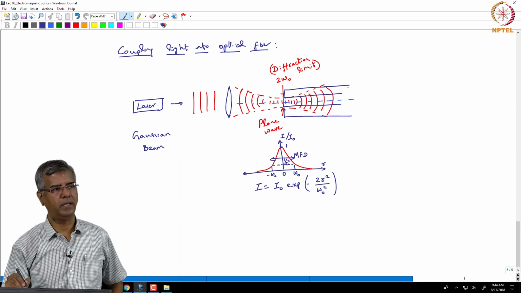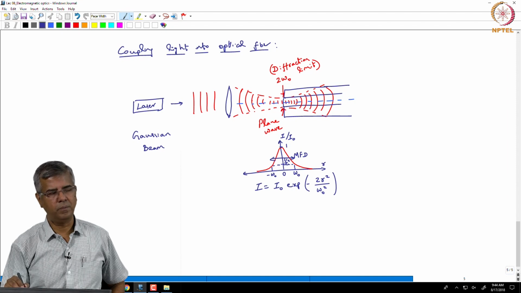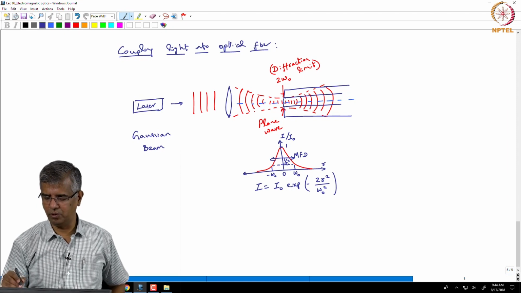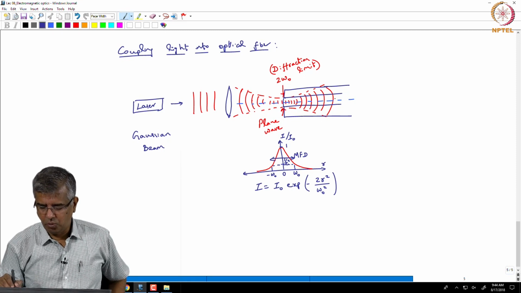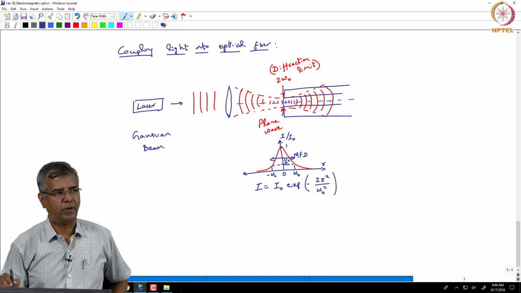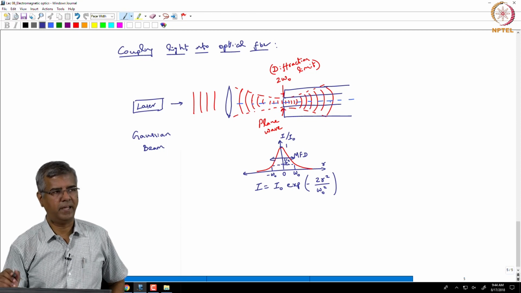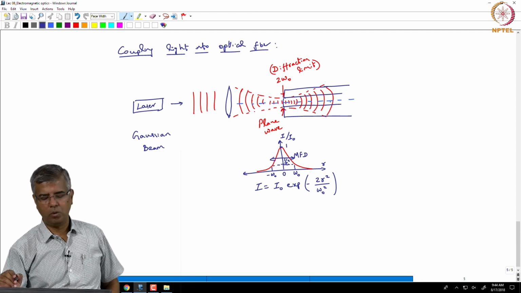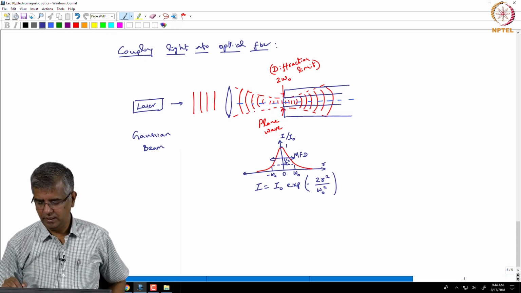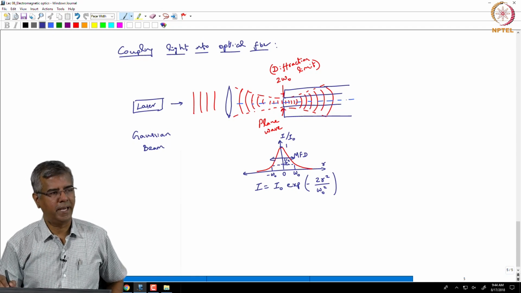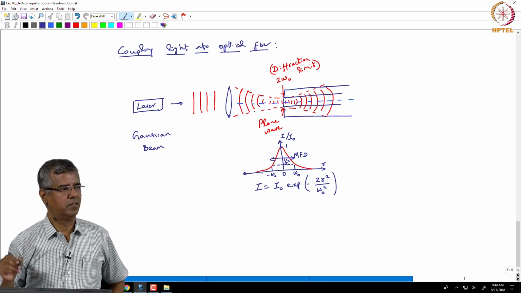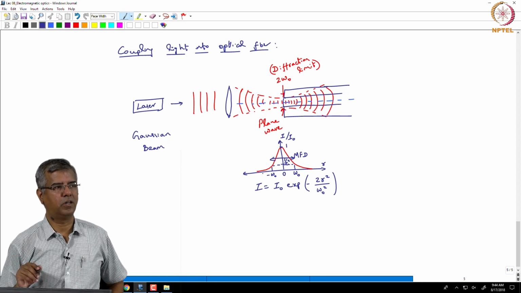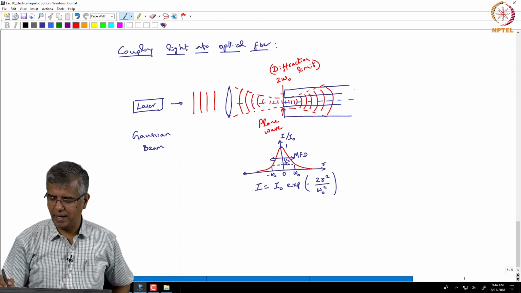I want to put the fiber core over here at the focus region, and I am saying that the mode that's supported by this fiber is Gaussian in shape, and the mode field diameter within this fiber has to be consistent with the diameter of my focused Gaussian beam, so that I can have maximum coupling.